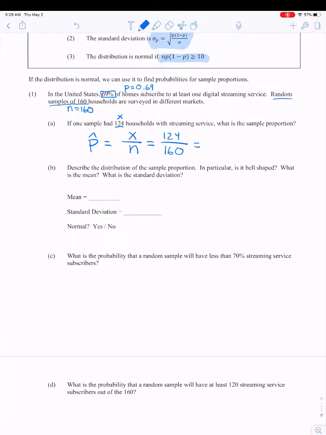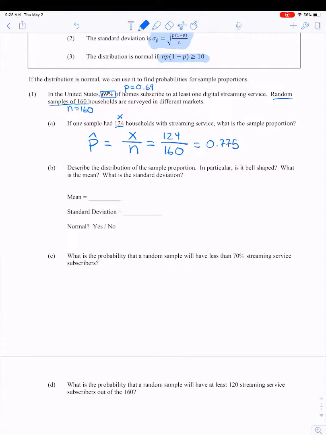And 124 divided by 160 is 0.775. So in other words, this particular sample had 77.5% of the people included, out of the 160, subscribing to some digital streaming service. Okay, that's just one sample.